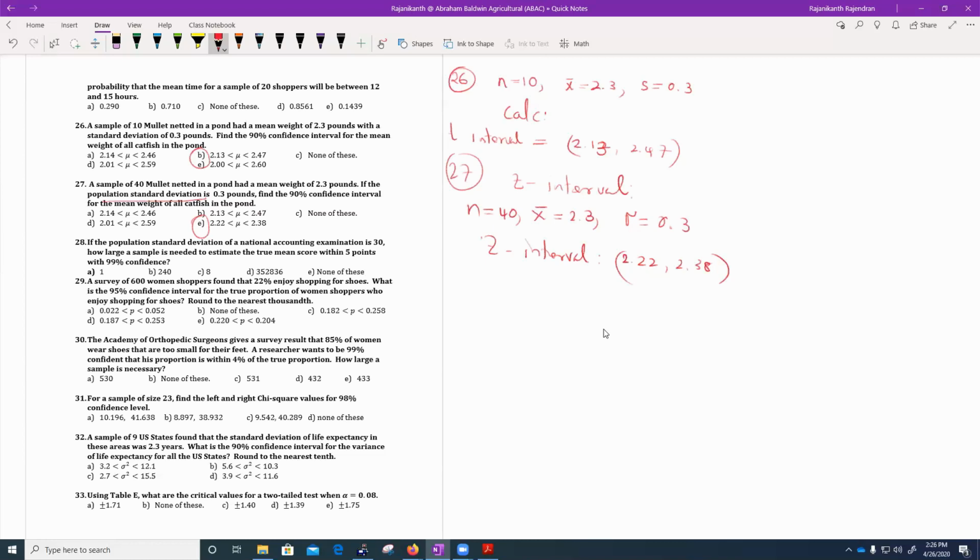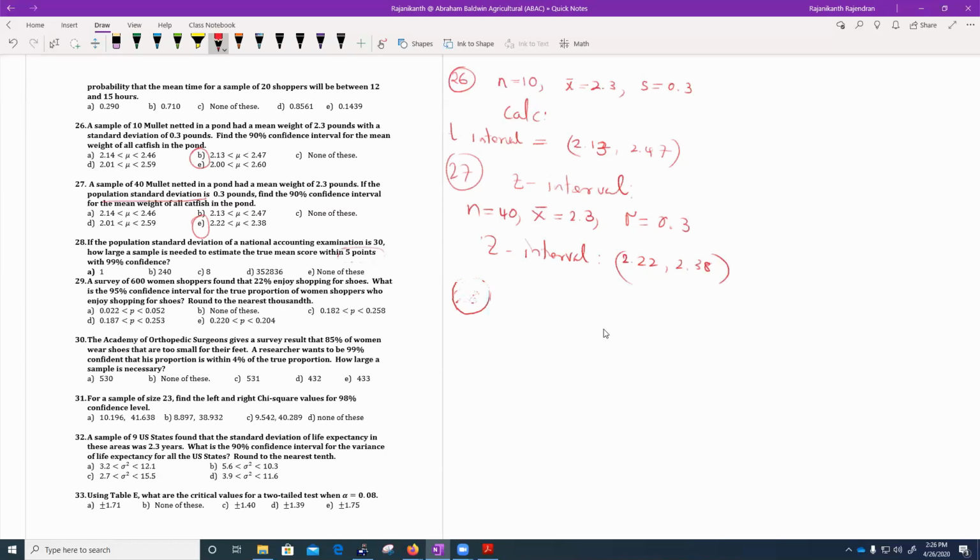Okay, 28. If the population standard deviation of a national accounting examination is studied, how large a sample is needed to estimate the true mean score within 5 points with 99 confidence interval?